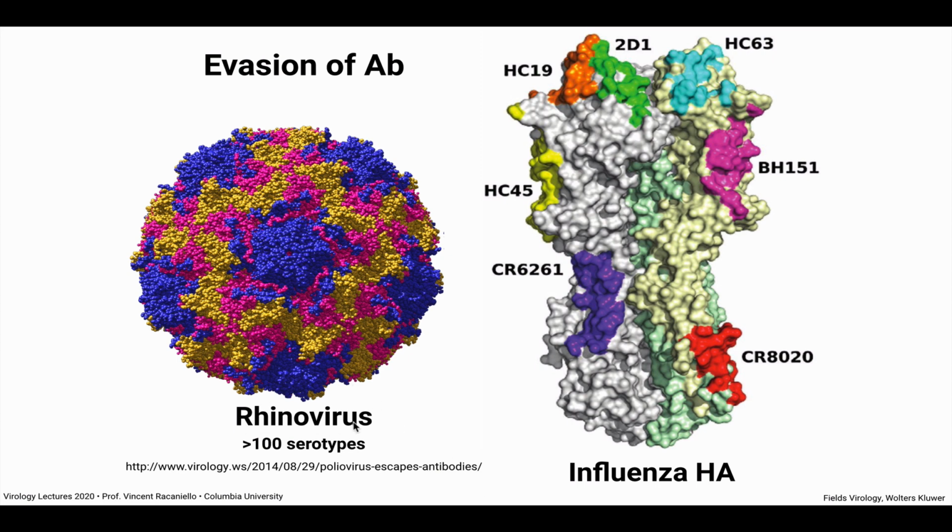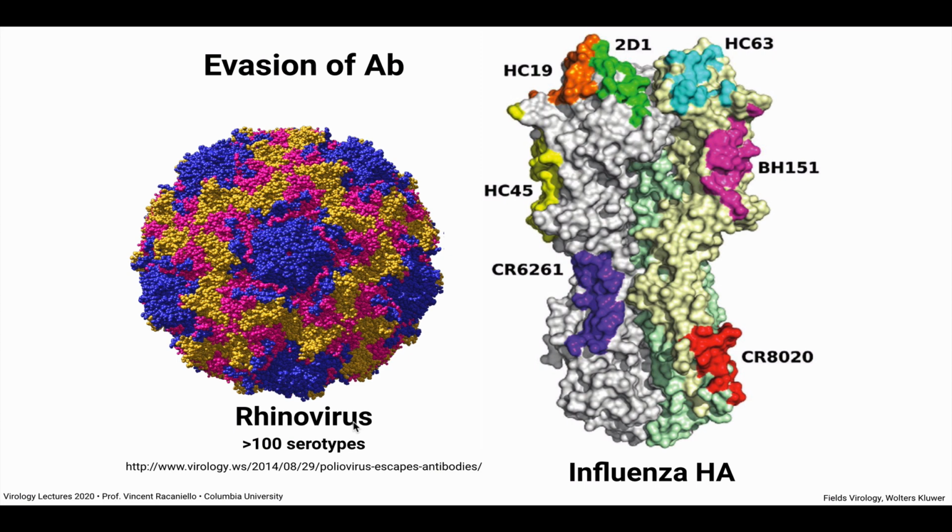First of all, there's one strategy exemplified by rhinovirus. There are over 100 what we call serotypes of rhinoviruses. What is a serotype? Let's say we have 100 rhinovirus serotypes. We take serotype 1 and you get infected by it. You make a nice antibody response, and next year you get infected with serotype 1 again. You're protected from disease.